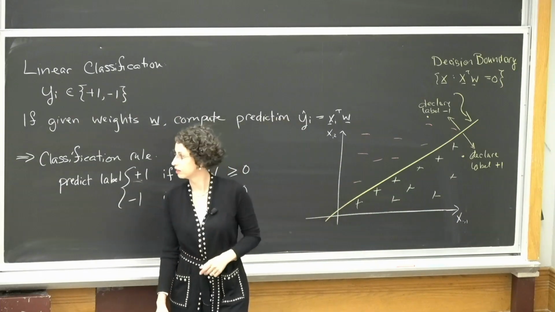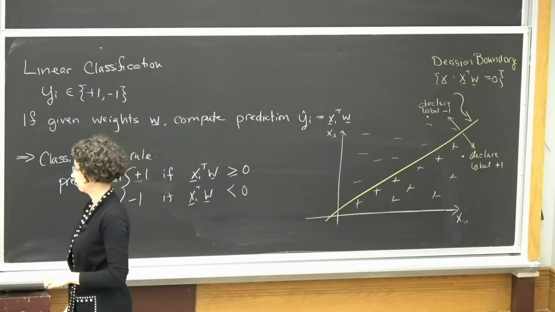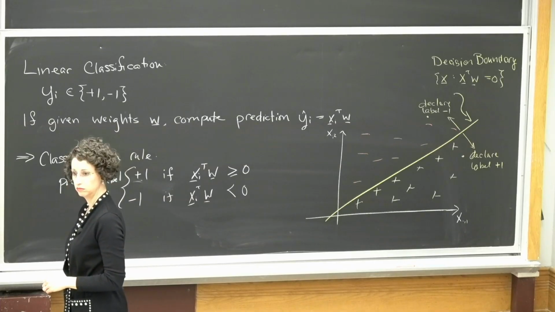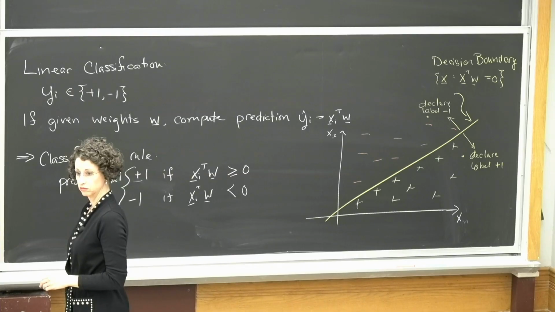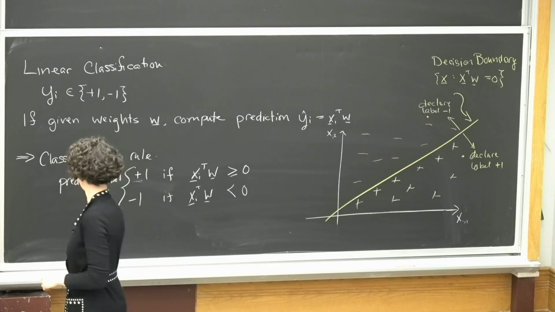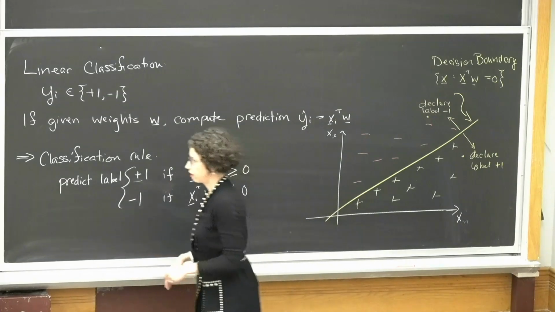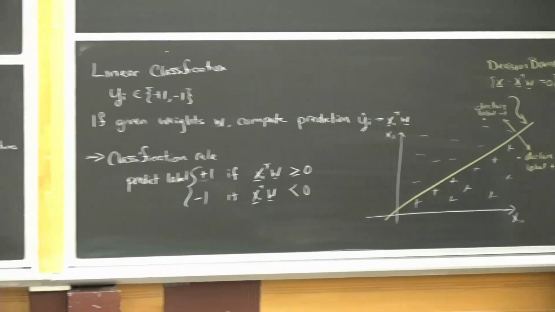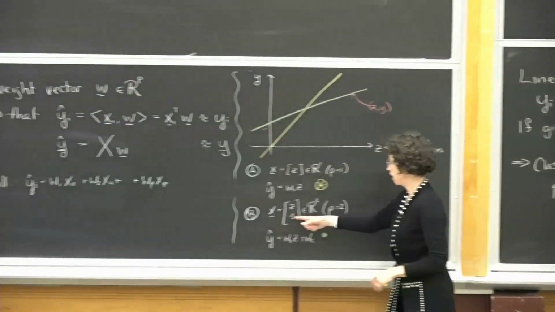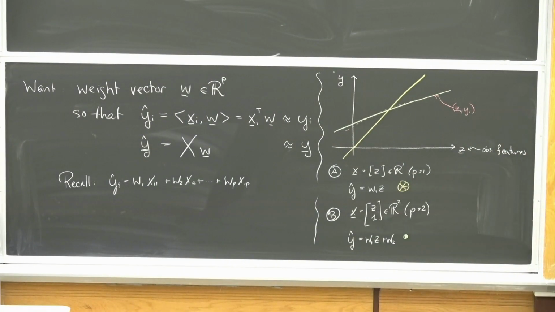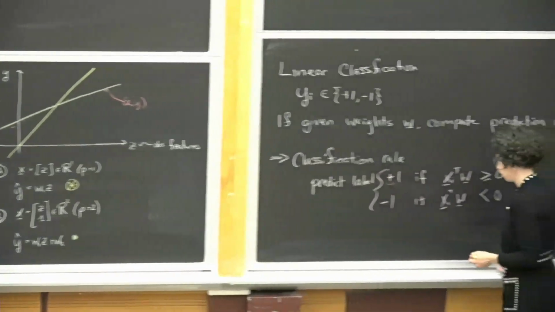Yes? For the first feature being Z and the second feature being 1, how are we going to draw that plot? Are we just going to make x1 equal to Z and x2 just being 1? Okay, so I think the question is, when we were over here talking about regression, we were saying we could add this constant offset 1 here. What does that mean in the context of classification?